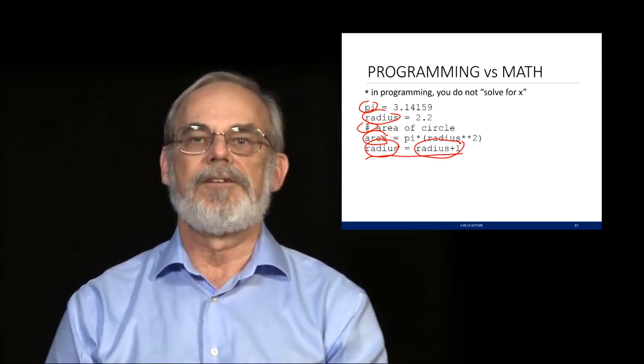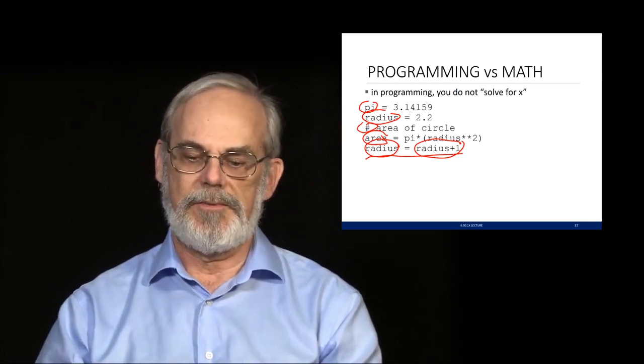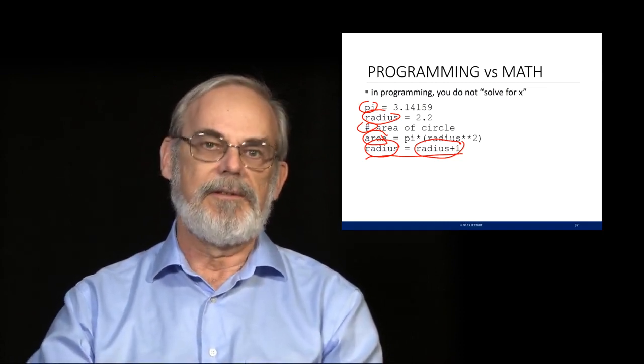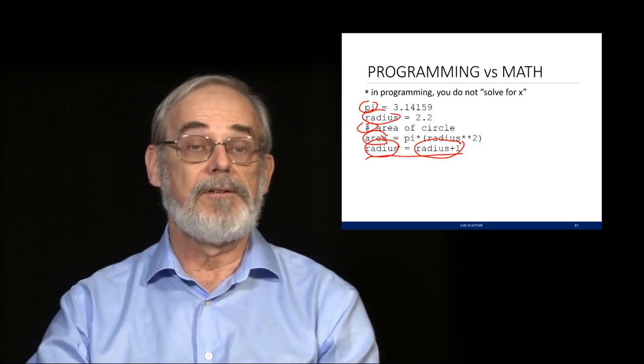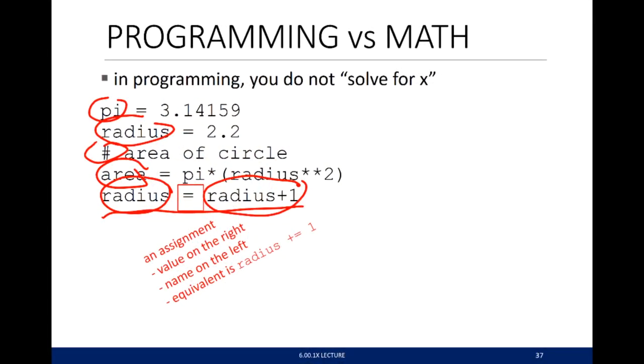It's not like a set of mathematical expressions. It's simply following the sequence of instructions we gave it. And that means that if we want to do something different, we would need to recompute area. Again, I just want to repeat what we said because it's important. An assignment statement says, find the value on the right-hand side of the expression, take the name on the left, and assign that name that value.